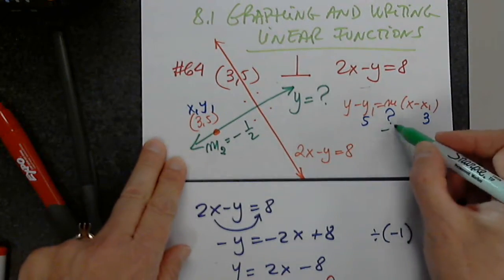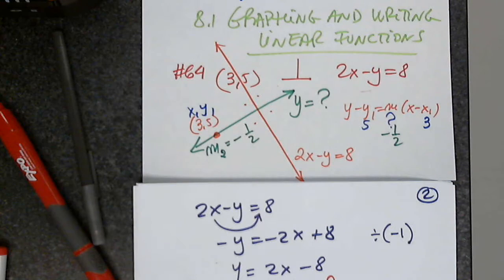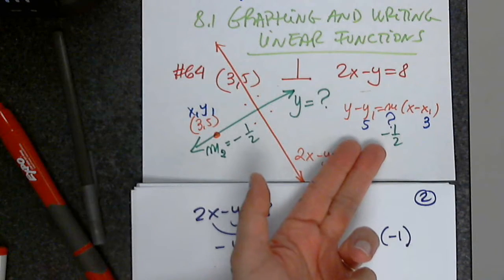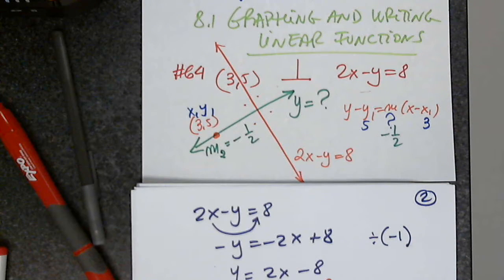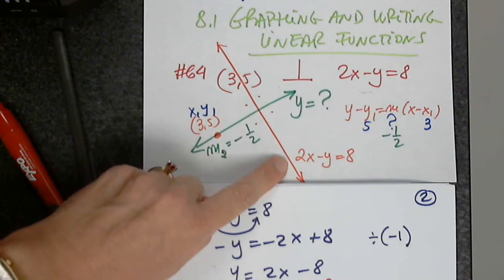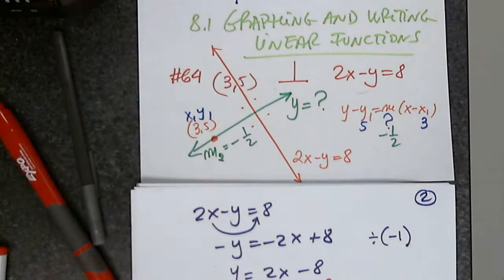So now I have everything. So please take 1 minute and find the equation. I have the point, I have the slope, I have to plug everything in and find y. Let's do it. The product is -1. If the slope of this line is 2, this slope must be -1/2.